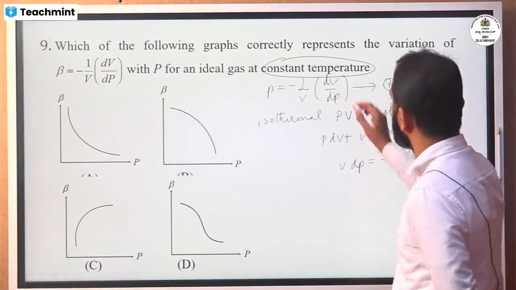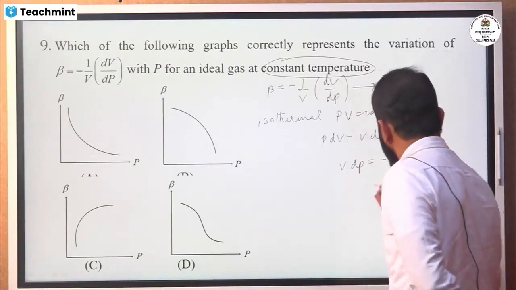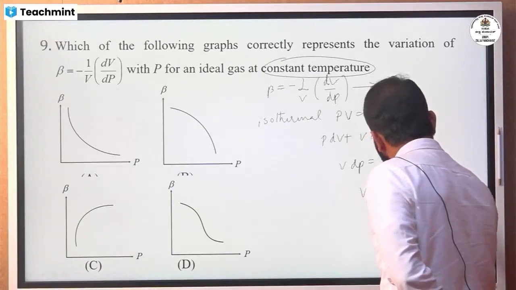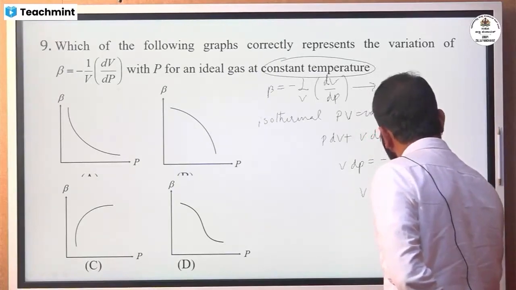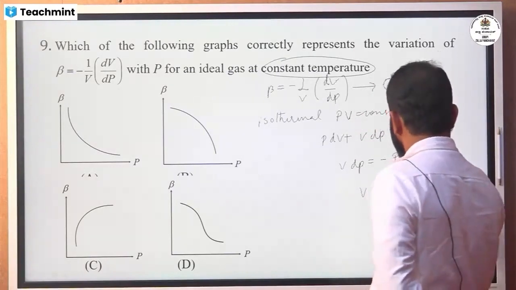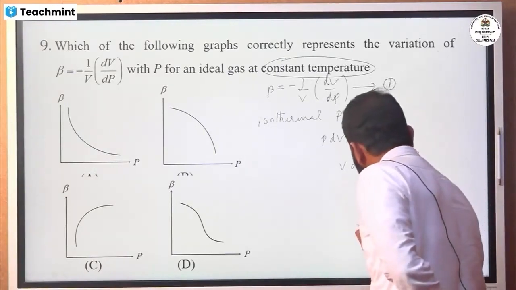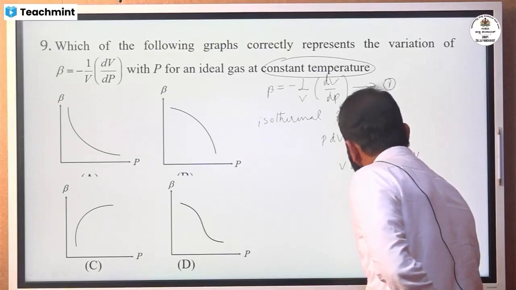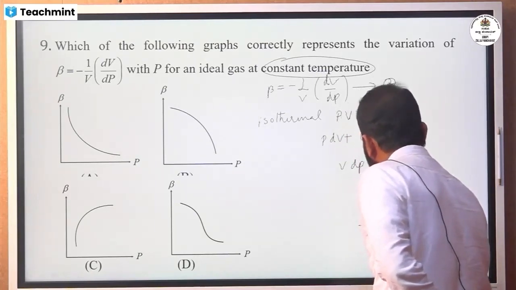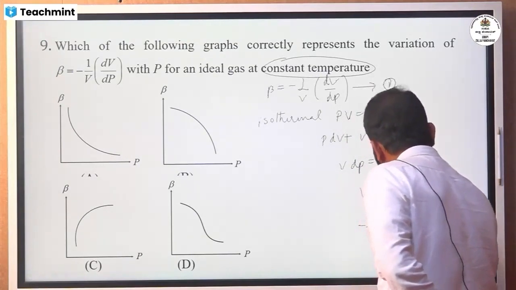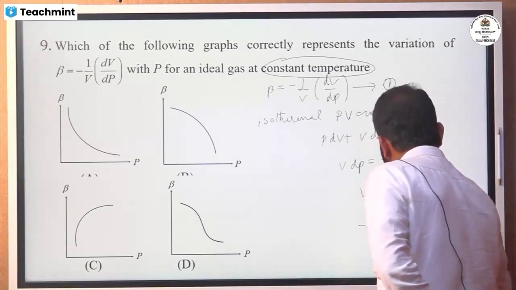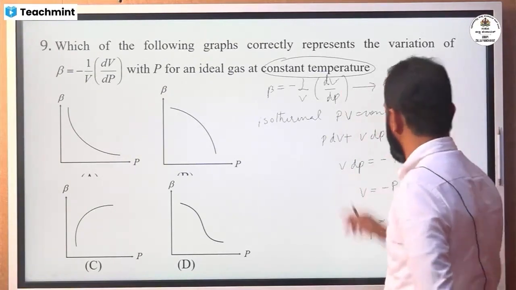We have the term dV by dP, so I will take dP to the other side. V becomes equal to minus P dV divided by dP. Let me take volume to the other side and pressure to the left hand side, so minus 1 by P becomes equal to 1 by V dV divided by dP. Let me write the minus sign on this side because it's given in equation 1.